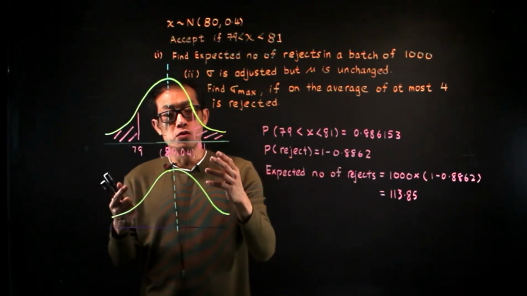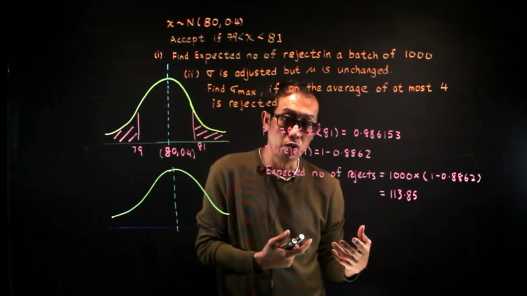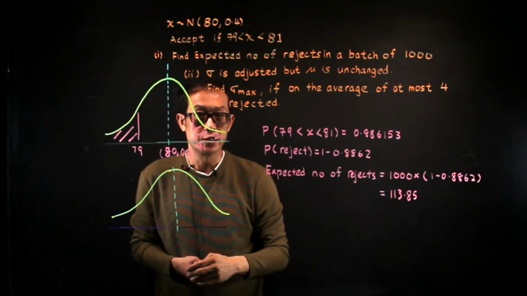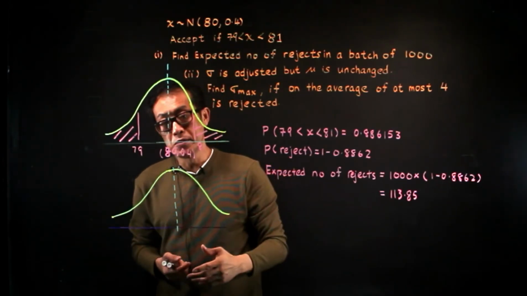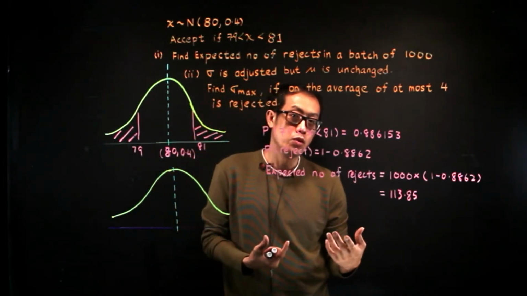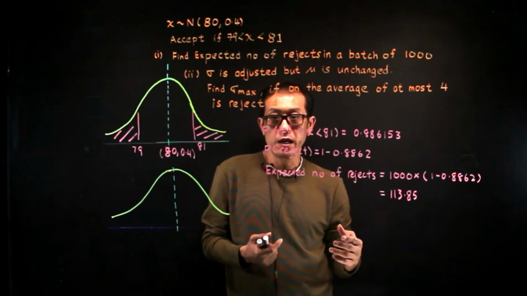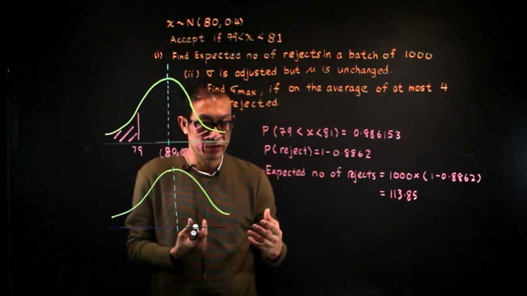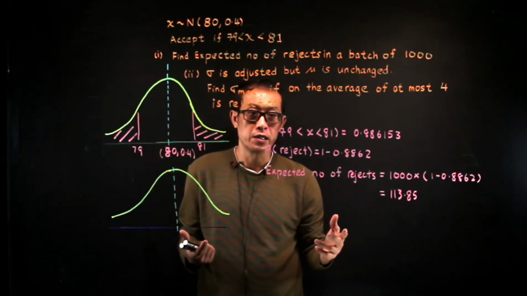But you find that you can't use the calculator now because you do not know the standard deviation. The parameters for a normal distribution are mu, that is the mean, and the standard deviation. Now we lack the information of the standard deviation, so there's no way that you can use the calculator.